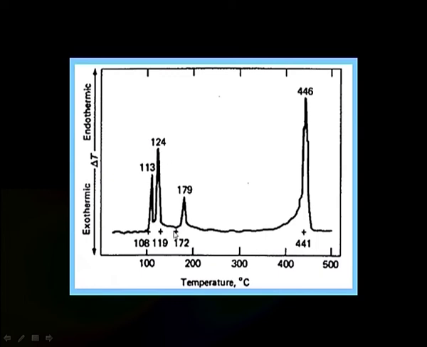The third peak, which begins at 172 degrees Celsius, gives a sharp peak at 179, whereas the last peak appears at 446 degrees Celsius. Now, all these temperatures indicate the change in phase transition of sulfur.